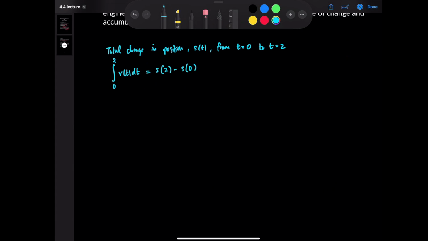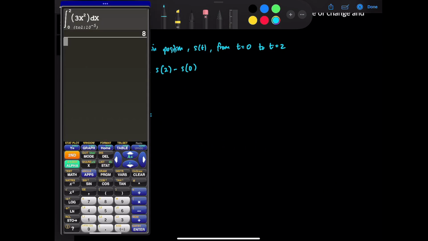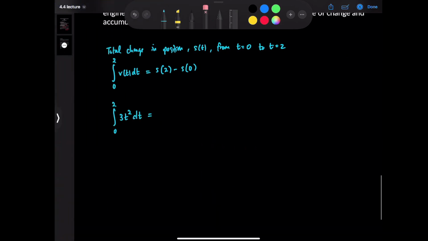And we know that v of t, we said, was given by 3t squared. Now we can just go ahead and calculate this using our calculator, and we see it's a grand total of 8. So we know that 8 equals s of 2 minus s of 0.